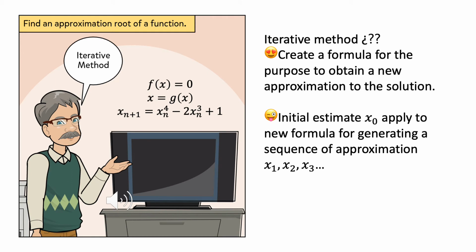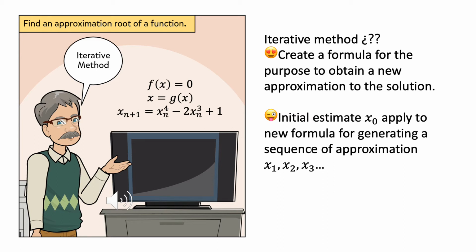Another method that can be used to find an approximate root of the function is the iterative method. What is the iterative method? Let's say we have a function f of x equal to 0. Then we create a new function in the form x equal to g of x.